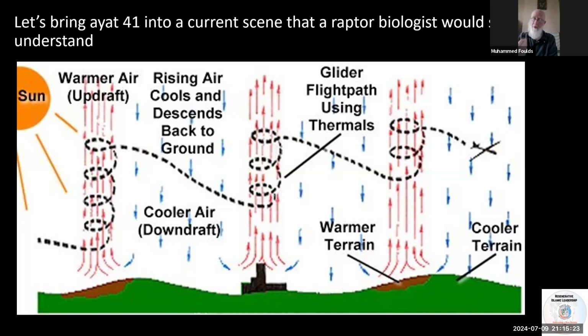Now, we know for a fact, I don't know so much about eagles, but vultures, when you study Islamic art, vultures have been seen, and I've seen them a lot in art, and they're there in Arabia.